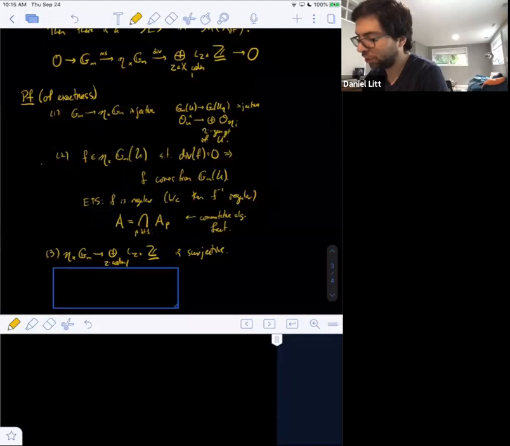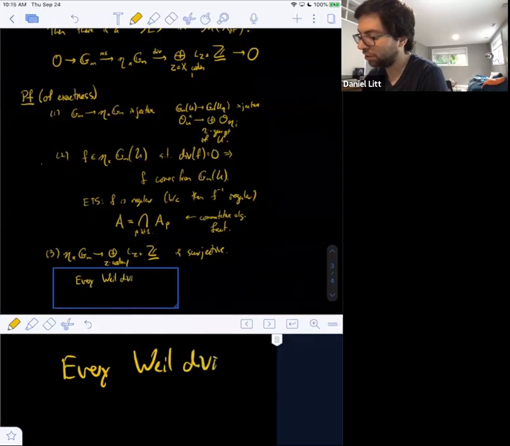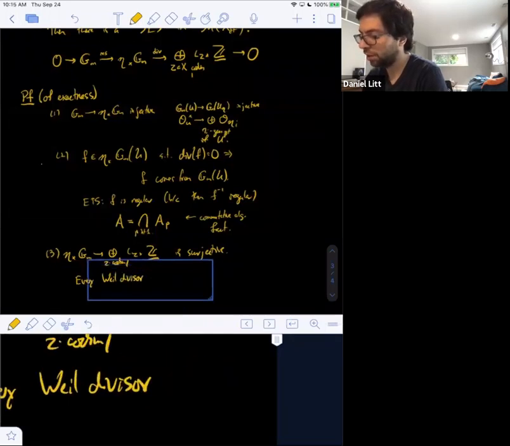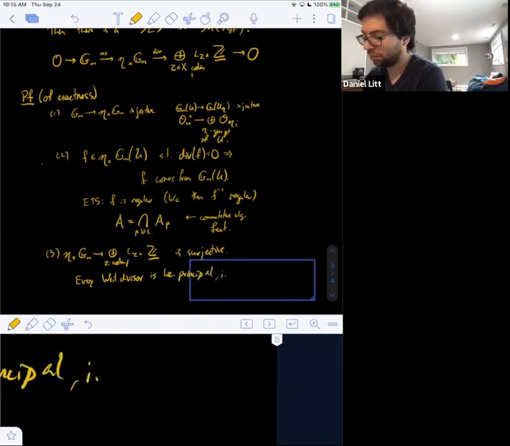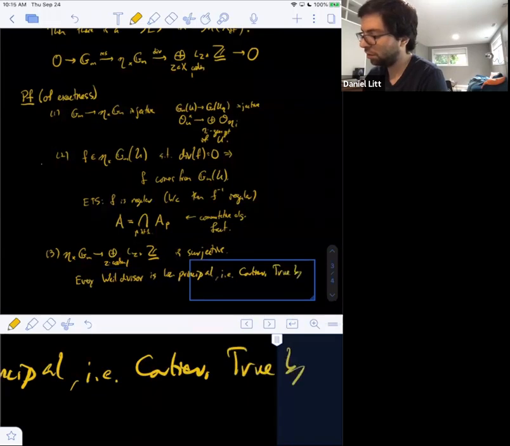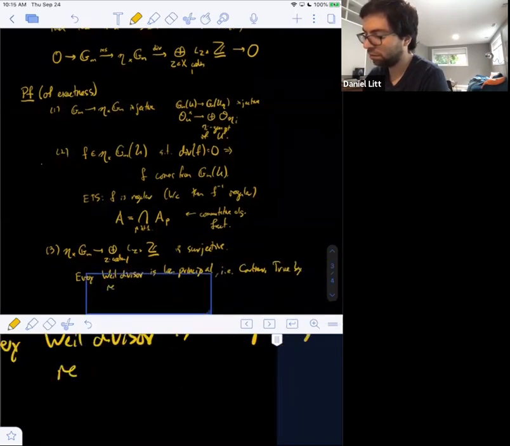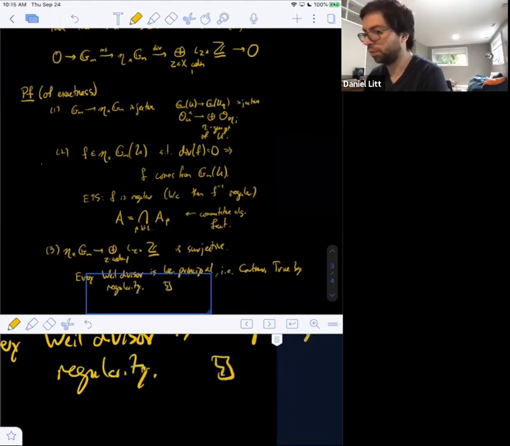So what we're trying to show here is that every Weil divisor, so a global section of the sheaf on the right is a Weil divisor, is locally principal, which is just the same as being Cartier. And that's true by regularity. Okay, so that completes the proof.